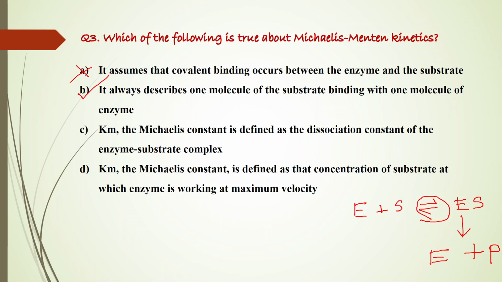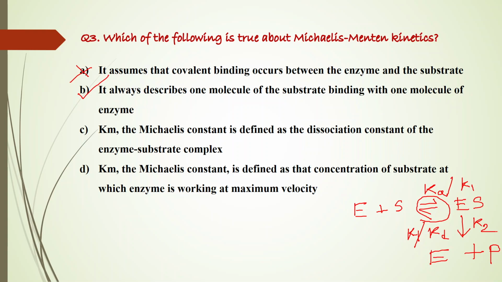Coming to the third statement, option C, it states Km, or the Michaelis constant, is defined as the dissociation constant of the enzyme substrate complex. We know that association is Ka and dissociation is Kd. Km has nothing to do with it. We can also write Ka as K1, Kd as K minus 1, and the catalytic step as K2.